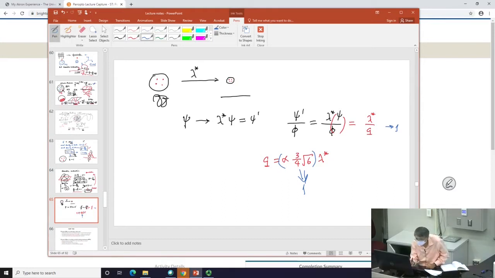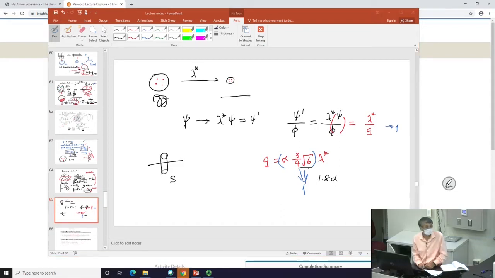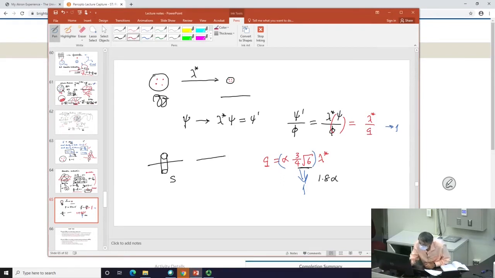For example, this number is 1.82 or 84, 1.8 something, times alpha. But alpha kind of helps me here, because remember this chain, if it vertically comes down, it projects an area of S. But since it can come down at an angle, it actually projects an ellipsoid.